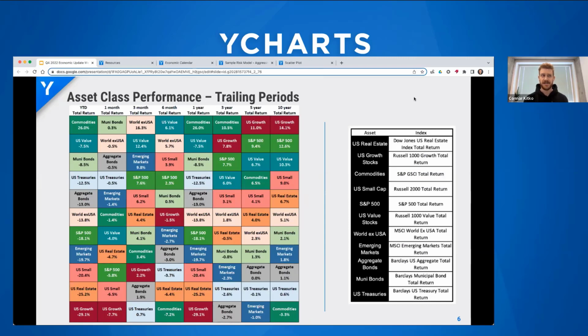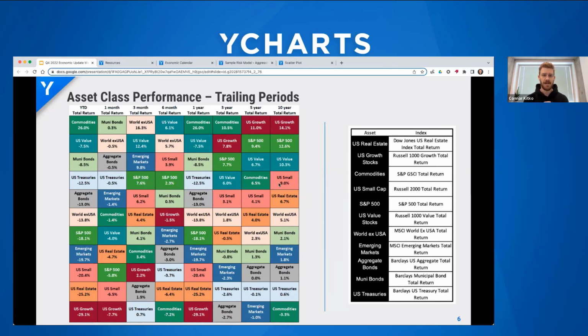Looking beyond just equities, we have some equities here, but some other asset classes as well. So this table summarizes the performance for those key asset classes, and the 1 year, 3, 5, and 10-year columns here are showing annualized performance. So the right half is all annualized.